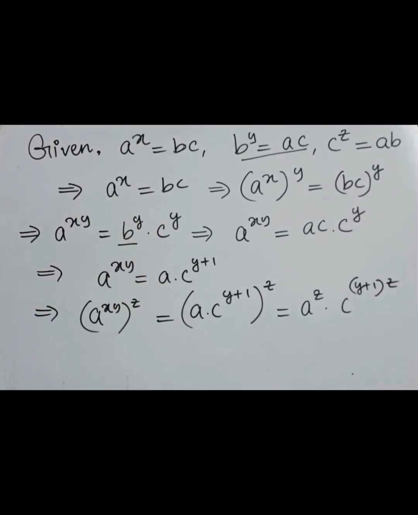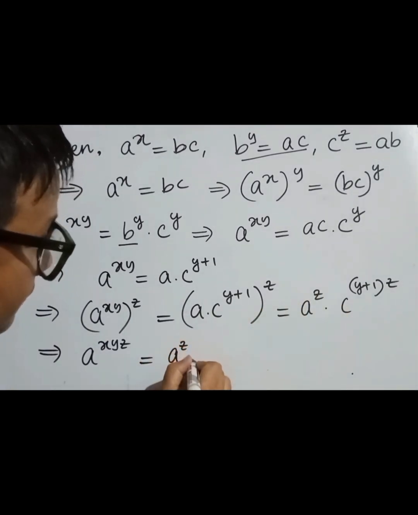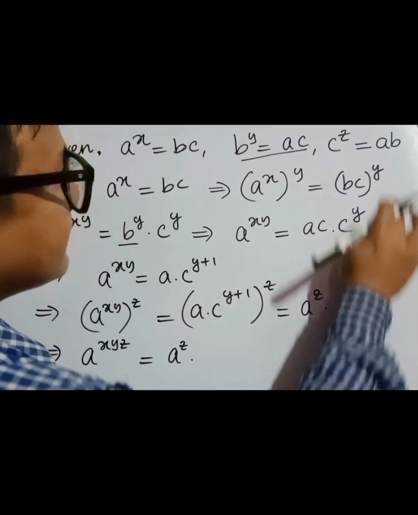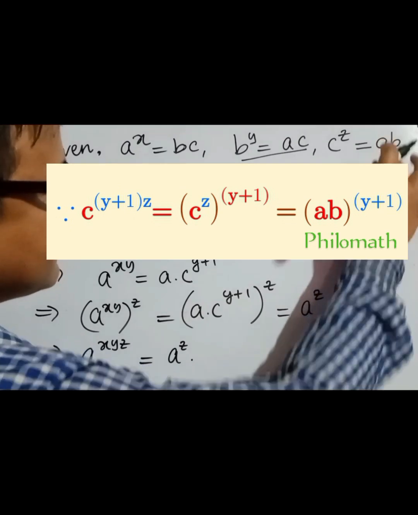And in the next line, it becomes a to the power x into y into z in the left hand side, and the right hand side becomes a to the power z into c to the power z into y plus 1.